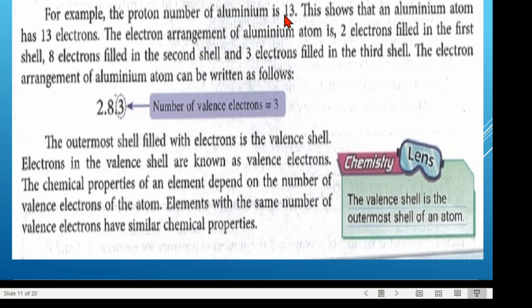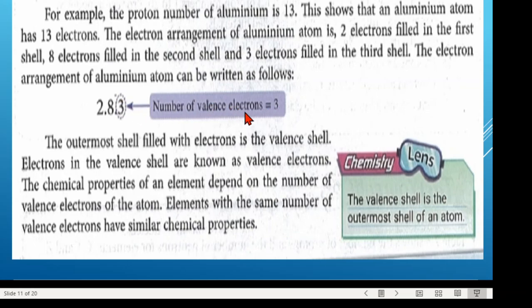So proton number dia sama dengan electron number. So 13 electrons also. So the first shell is 2, the second shell is 8. Tidak boleh 9 ah. Jangan 7, mesti kasih full dulu. 8. Lepas tu kita ada lebih lagi 3 kan? So letak di shell number 3. Okay? So di sini number of valence electrons dia 3.